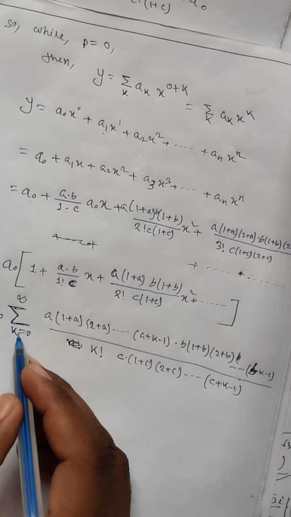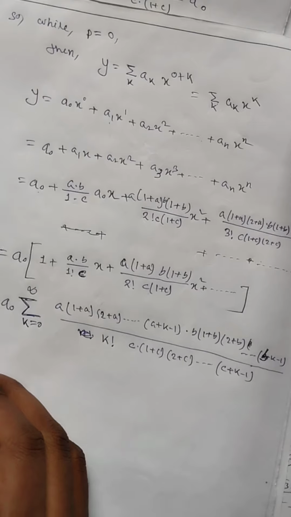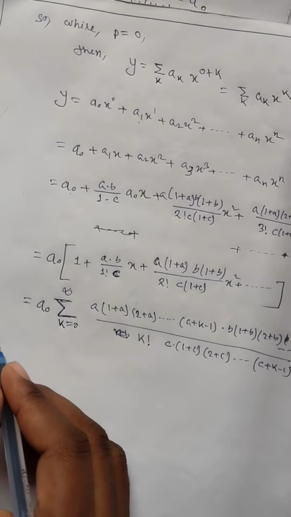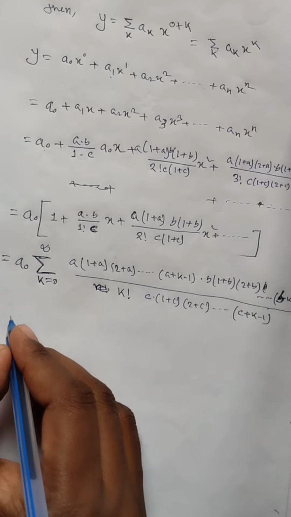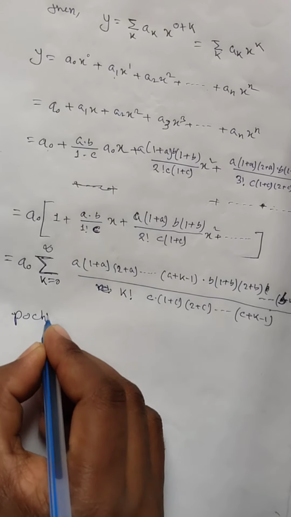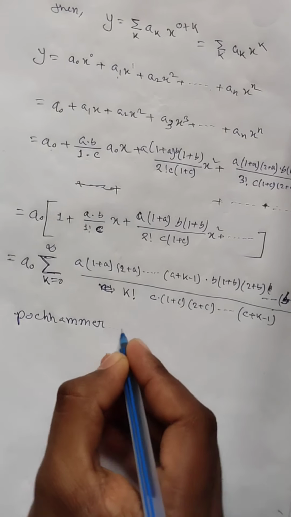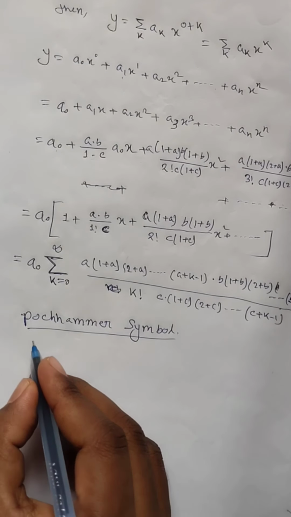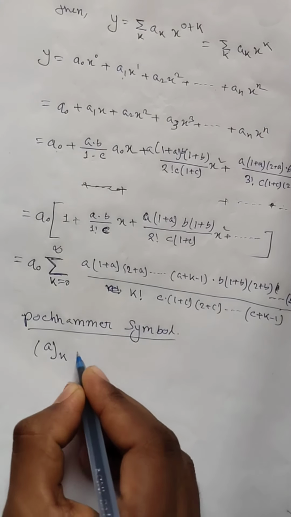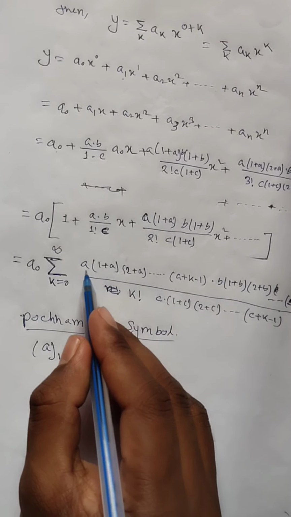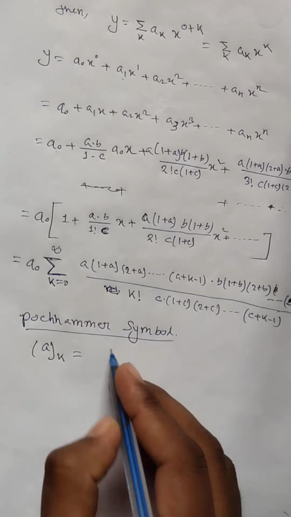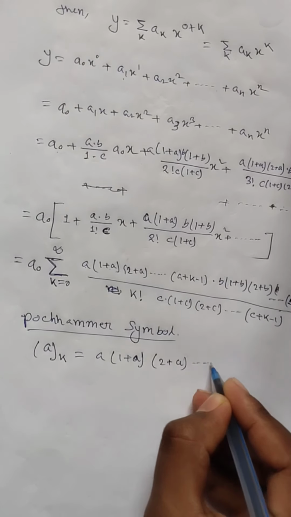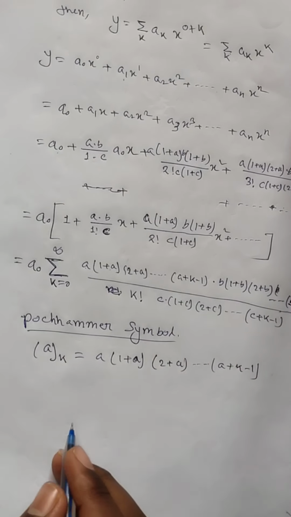here we use the Pochhammer symbol. What is the Pochhammer symbol? Let's see here. The Pochhammer symbol is represented as ak equal to a into a plus 1 into a plus 2 up to a plus k minus 1.